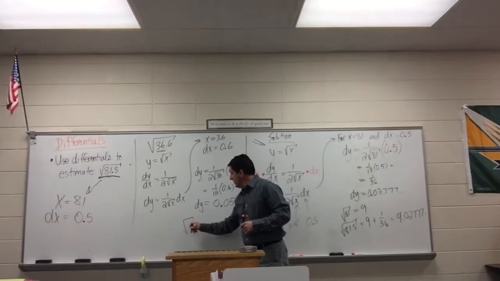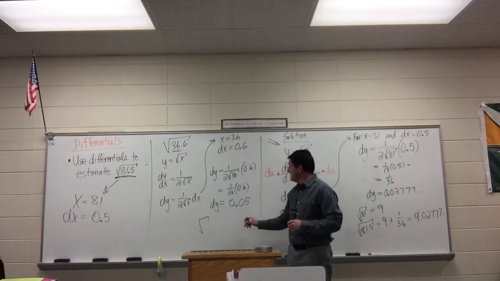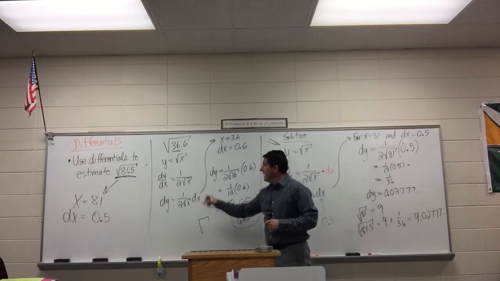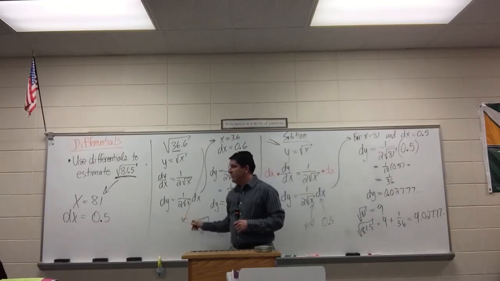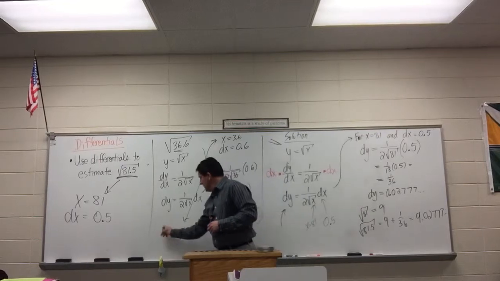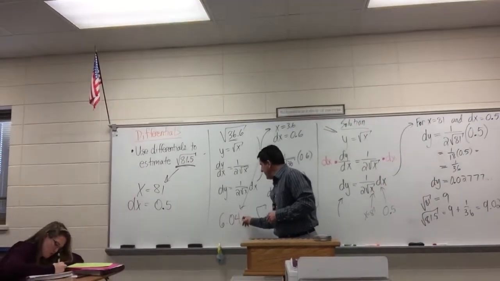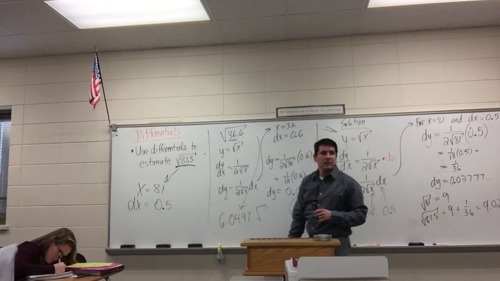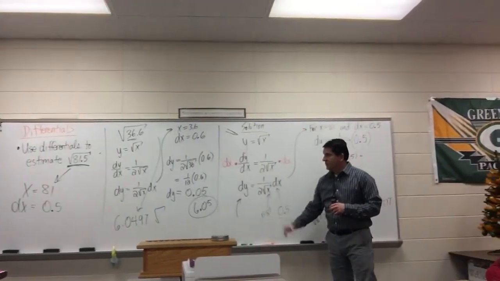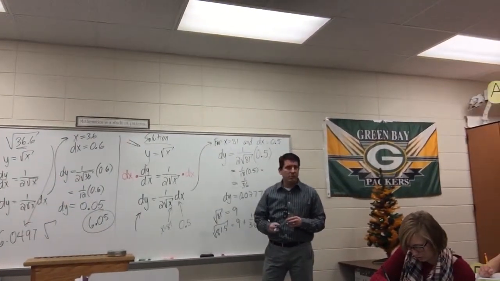So the answer would be 6.05 as my estimate. What is the actual square root of 36.6? 6.0497. Okay. So we estimated it pretty quickly to 2 decimal places.